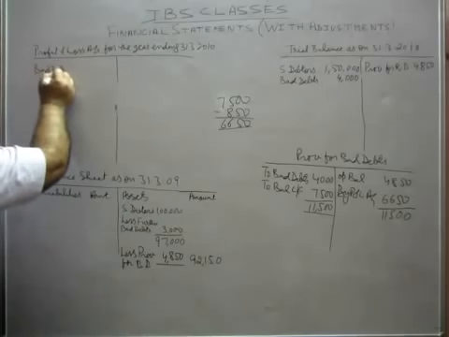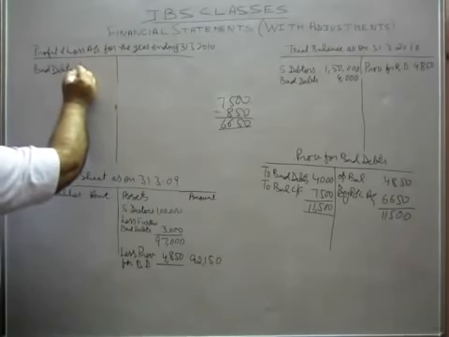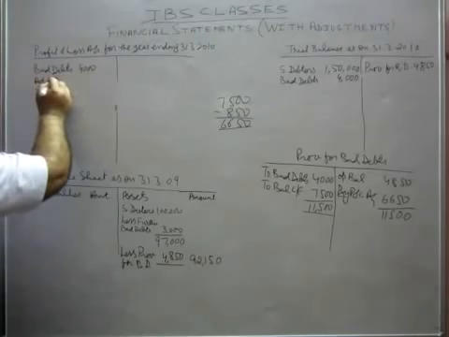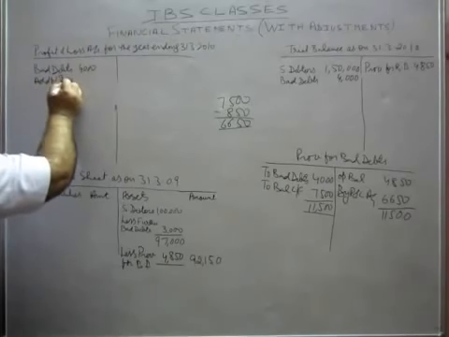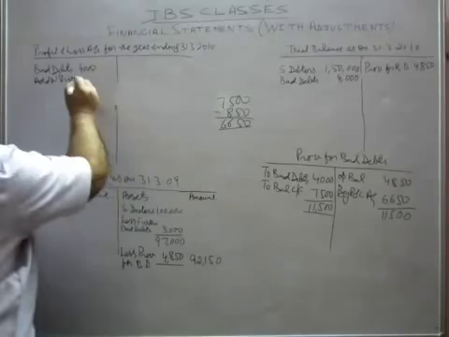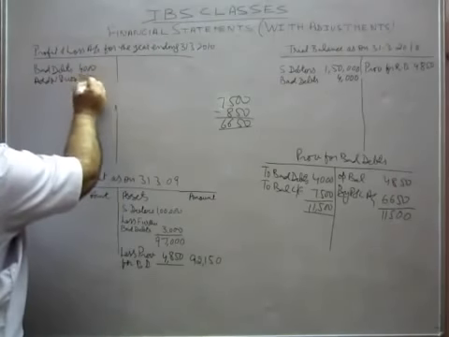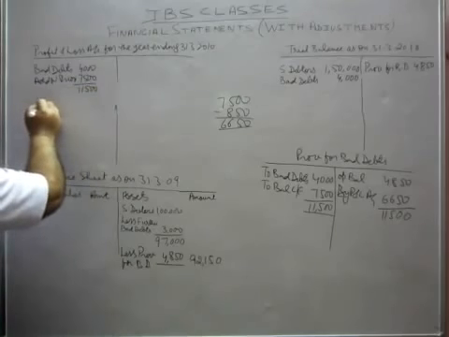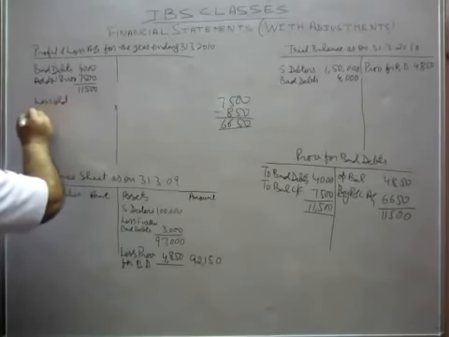Bad debts 4,000, add new provision 7,500, less old provision.